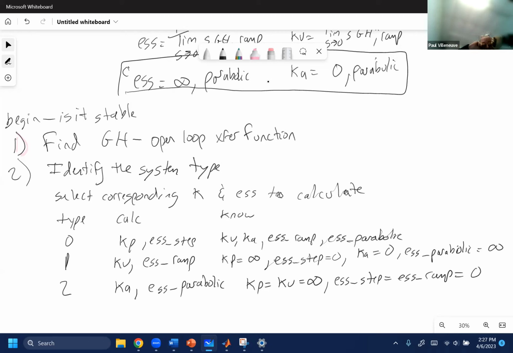Okay, so that's just a summary of how to do the ESS work. Hopefully it's a pretty straightforward process: you find your G of H, you get your system type based on that G of H, and then you go to the correct row and pull out the parameters. The correct row is specified by system type.